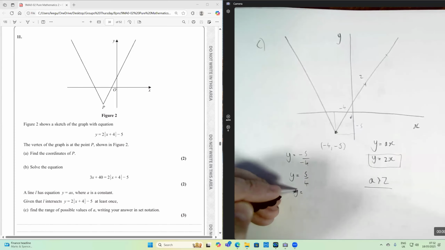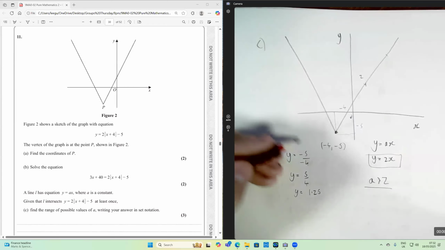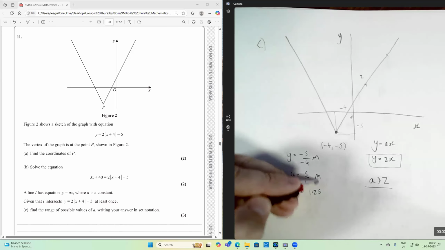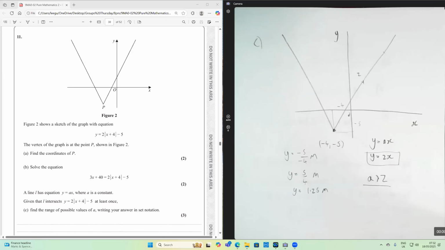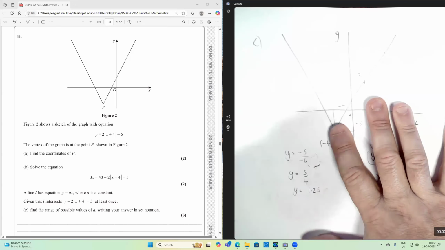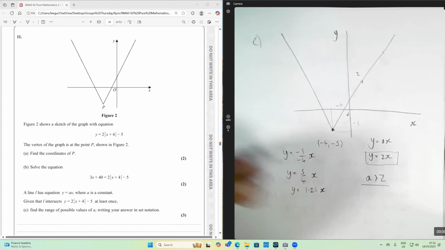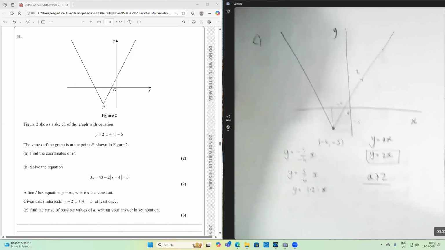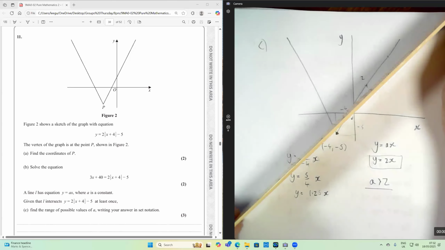The gradient is equal to 1.25, okay? So that means this is where we have y is equal to 1.25. I've written m there, I should have written x. The equation of the line is y equals 1.25x, okay, in our form y equals ax. So there, that is where it stops.